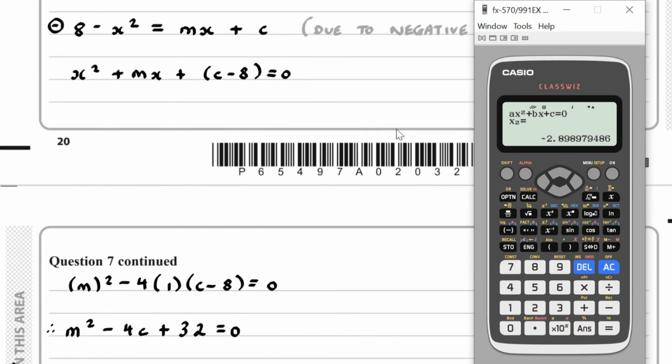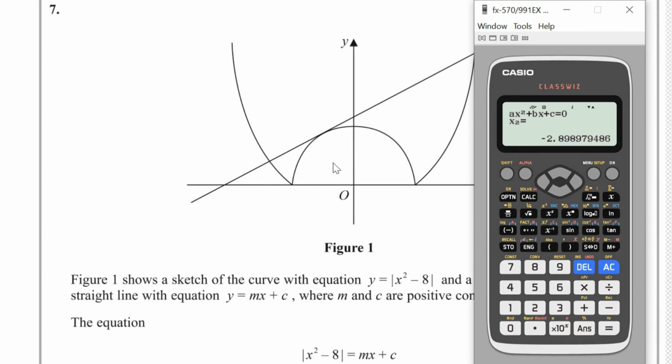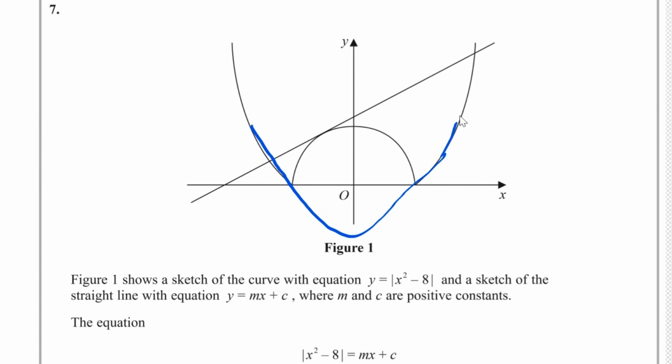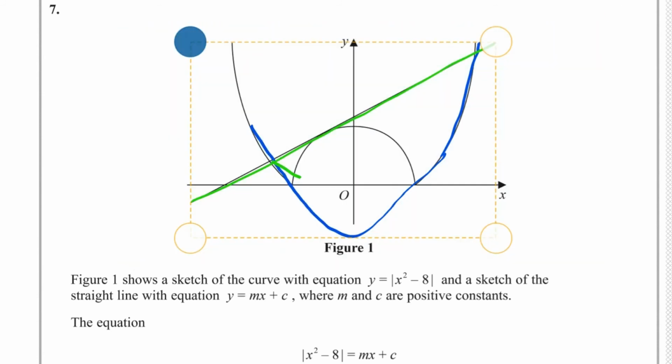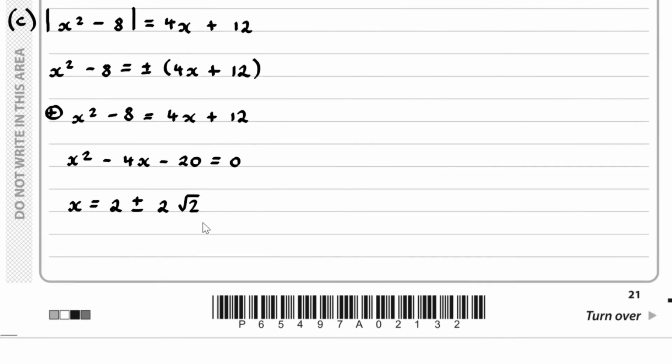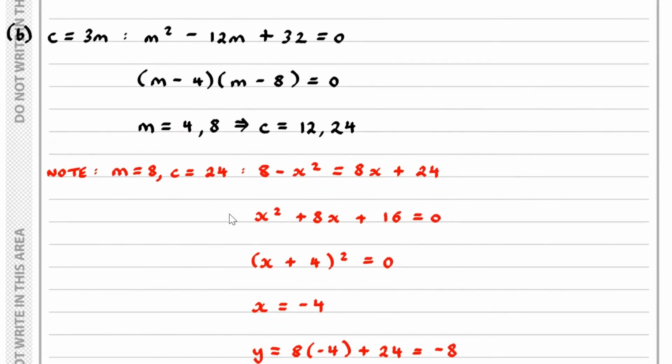Now, if we think about it, we don't need to consider the negative, because if I somehow extend this curve like this, we have only considered the positive version over here. We don't need to consider a negative line which would cross elsewhere. So it's sufficient for us to just use this.